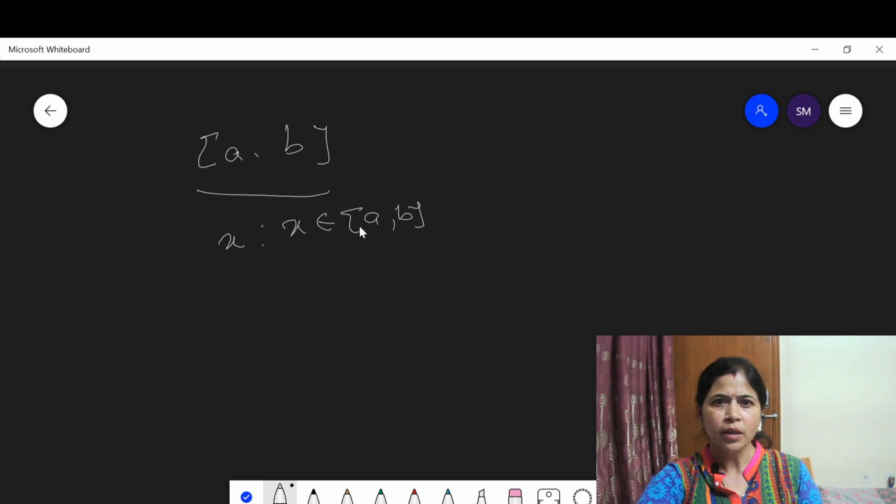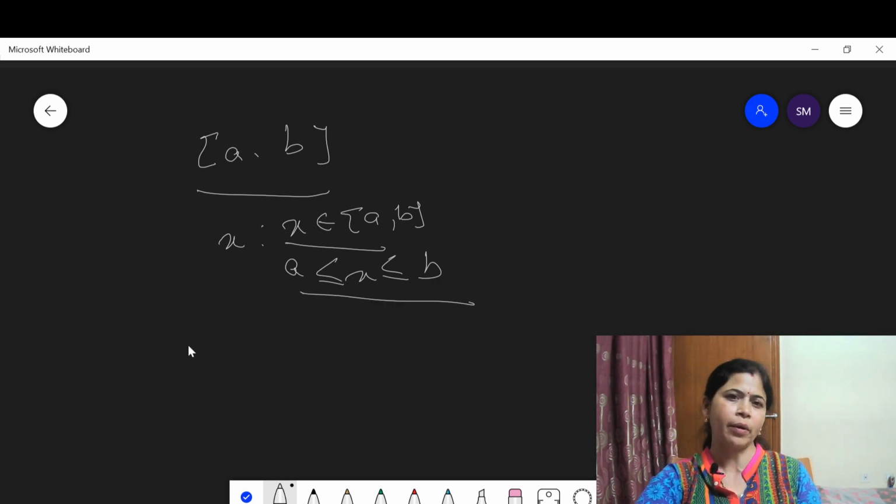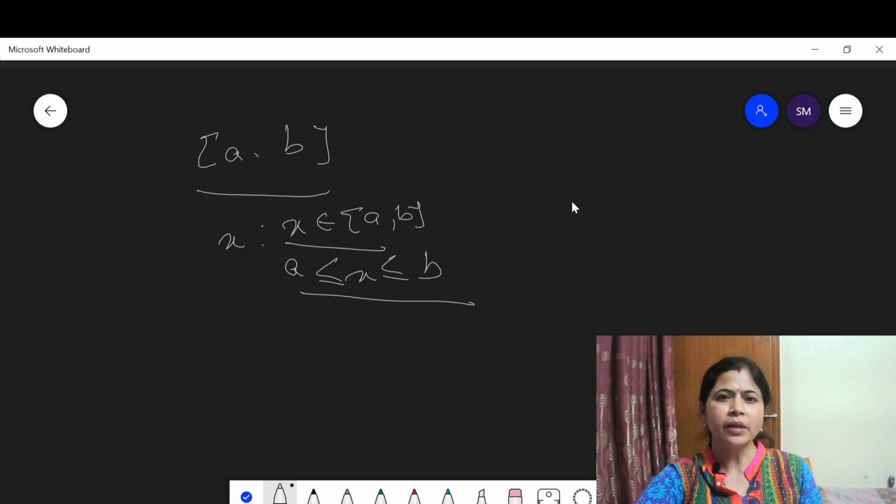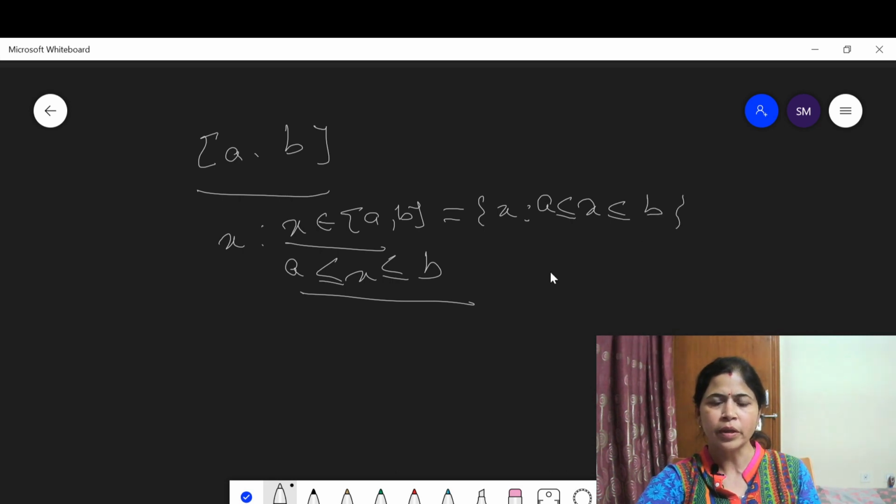This means X is greater than or equal to A and less than or equal to B. It is denoted as {X such that A ≤ X ≤ B}, and it is shown on the real number line in this form.